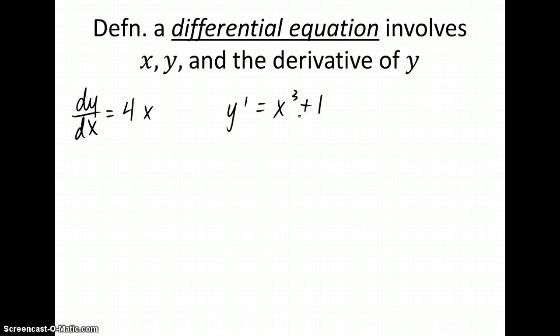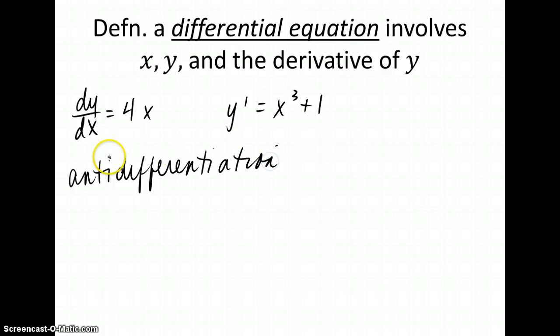So again, what does the antiderivative do? Antidifferentiation is what we can refer to as indefinite integration.